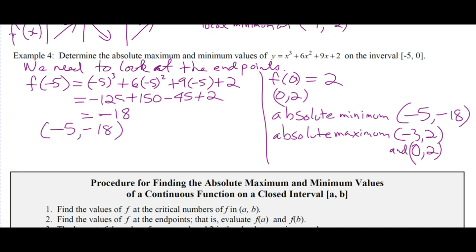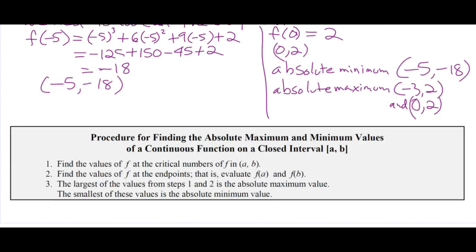Okay, so in that interval, the procedure: find the values of f at the critical numbers of f prime. So you figure out f prime and you figure out the critical numbers. Then you evaluate the function at those critical numbers, because Fermat's theorem says that if there is a local max or min, then it will occur at one of the critical numbers.